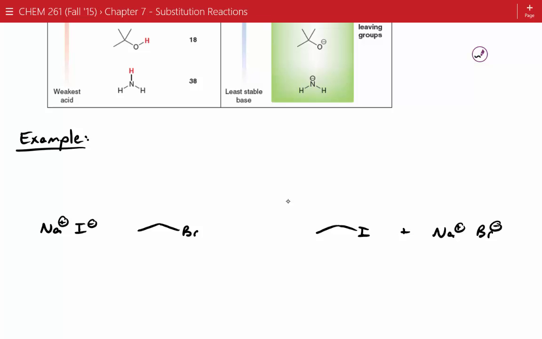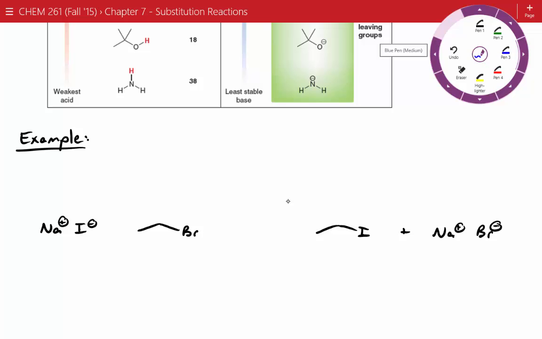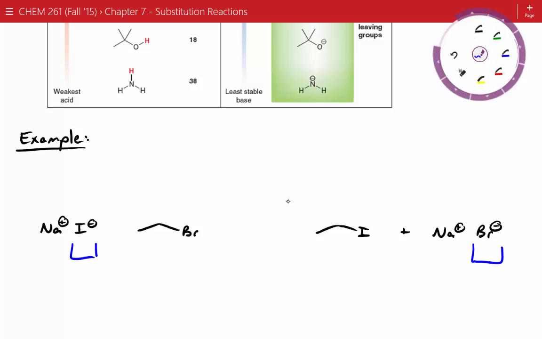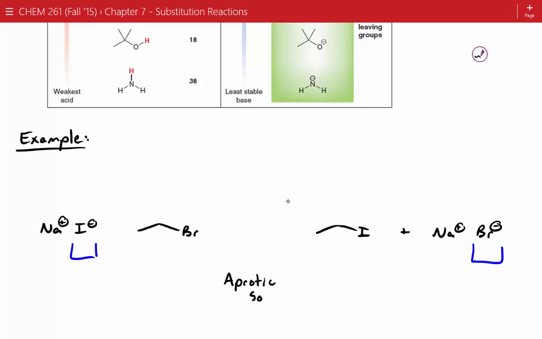But what we have to do is we have to compare these, our iodide to our bromide. Which one's the better nucleophile? It depends on solvent. You guys remember? So let's assume this is an aprotic solvent.